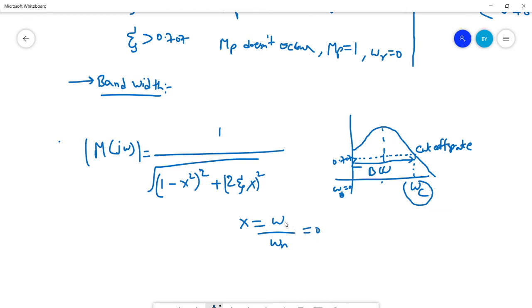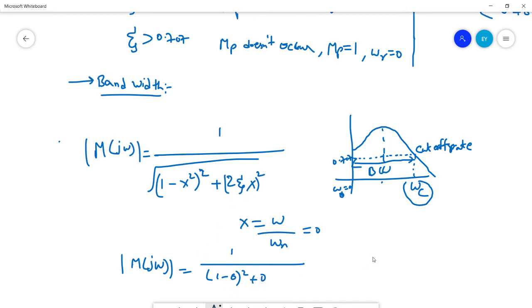Why? Because we are considering bandwidth in between the zeroth frequency and the cutoff frequency omega c. So at omega equal to 0, x will be 0. So what you get as the maximum magnitude, substitute x equal to 0: M of j omega is equal to 1 by 1 minus 0 square plus 0, because this is 0.